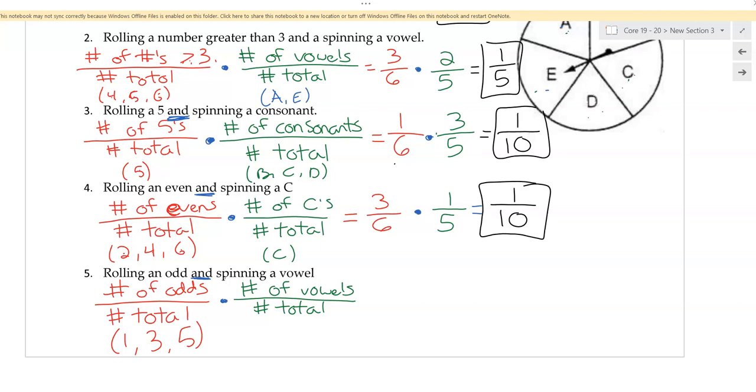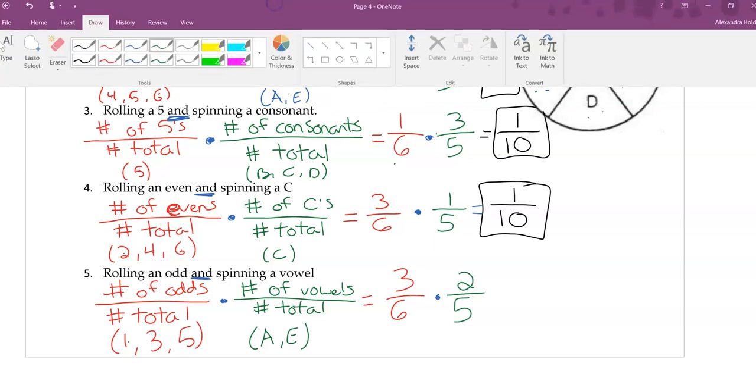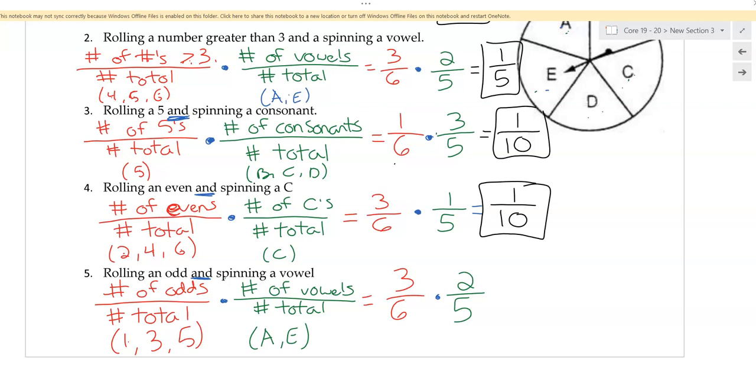My vowels, again, are A and E. So we have 3 odds out of 6 numbers on our die, times 2 vowels out of 5 letters on our spinner. So we have 3 out of 6 times 2 out of 5. Again, if you multiply those out, you get 1/5.